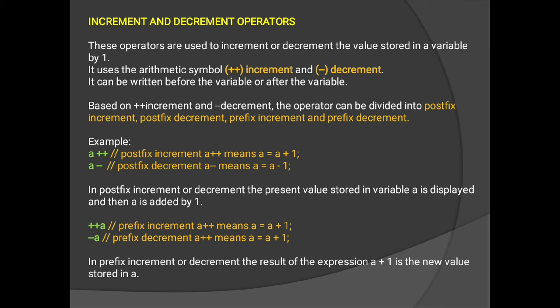So now if you display the value of variable a, it will display the new value, that is 10. In postfix, if you display the value of variable a, it will display the present value, that is 9, not 10. But in the prefix, a will display the new value after addition, a plus 1.